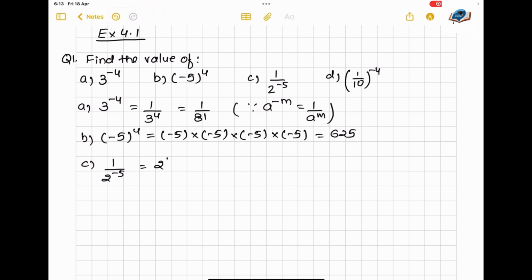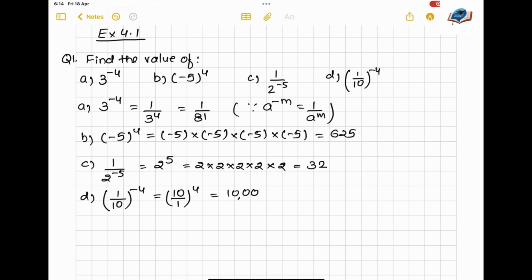So I can write 2 raised to 5, that is 2 into 2 into 2 into 2 into 2. So 2 2s are 4, 4 2s are 8, 8 2s are 16 and 2 16s are 32. Then D is 1 upon 10 raised to minus 4, so I can write 10 upon 1 whole raised to 4. So that will be 10,000.